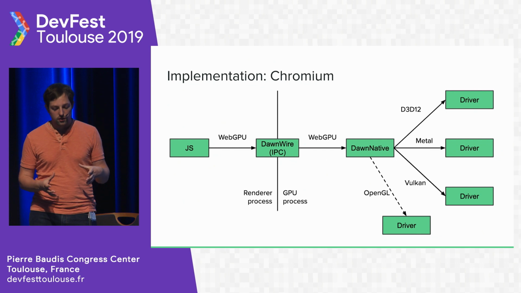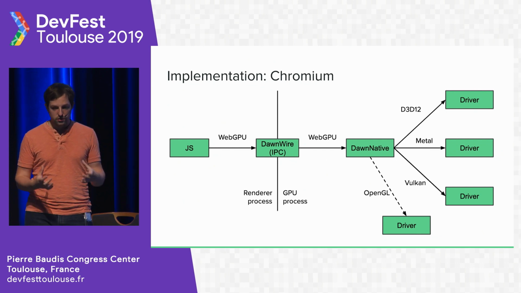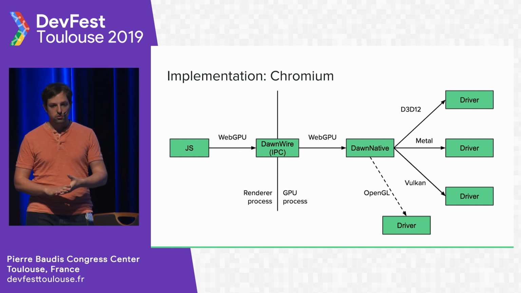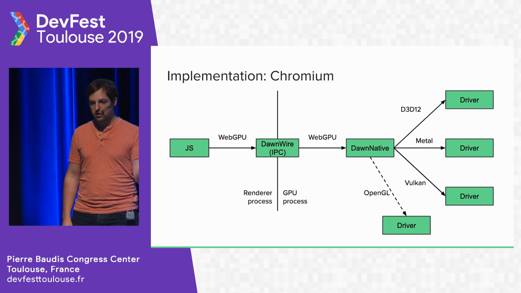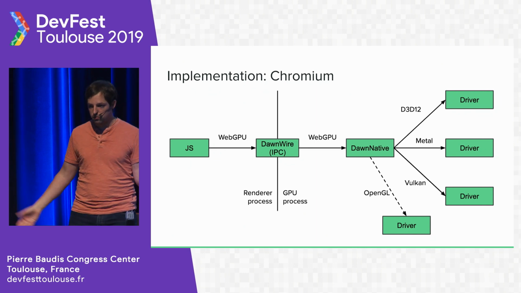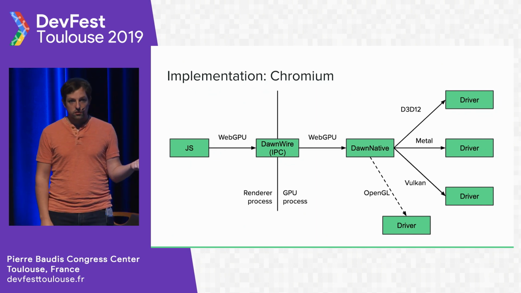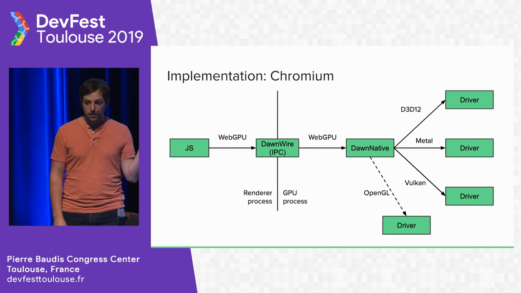And this thing is the library that implements WebGPU on top of many different GPU APIs depending on the system. So it supports D3D12 for Windows 10, it supports Metal for all the Apple platforms, Vulkan for Linux, Android, Chrome OS. There's also some experimental OpenGL support. Anyways, dawn native is a library that we're interested in.